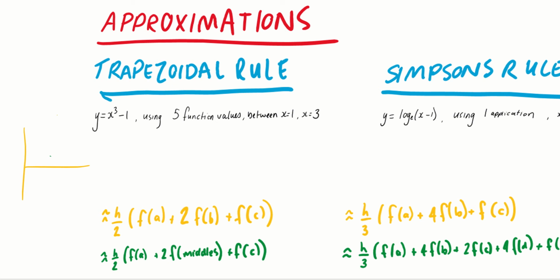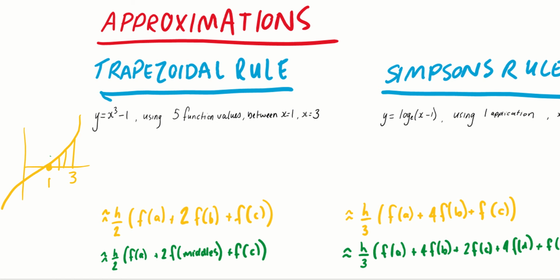And cubic subtracted by 1, this is going to give me something looking like this. It goes through 1 here, so 3 is about here. So I'm finding the area under here between those two values.